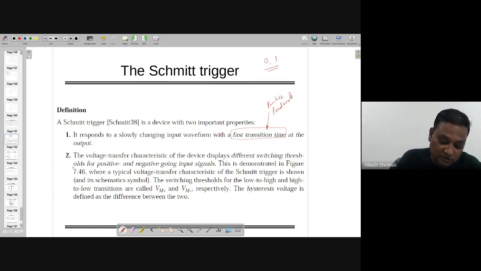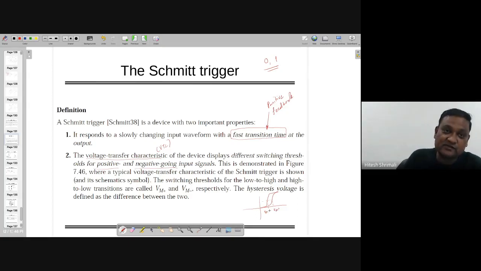The second property says that the voltage transfer characteristic, which is the VTC of the device, displays different switching thresholds, meaning positive and negative, like the case where the two switchings are there, Vm plus and Vm minus.